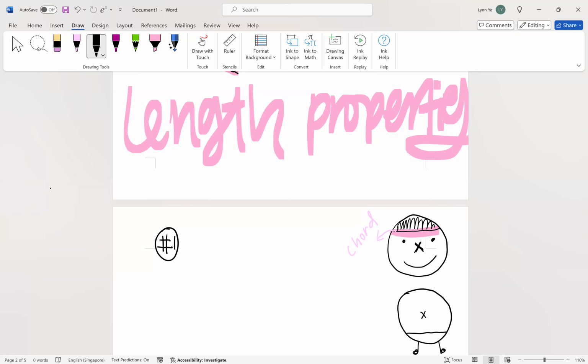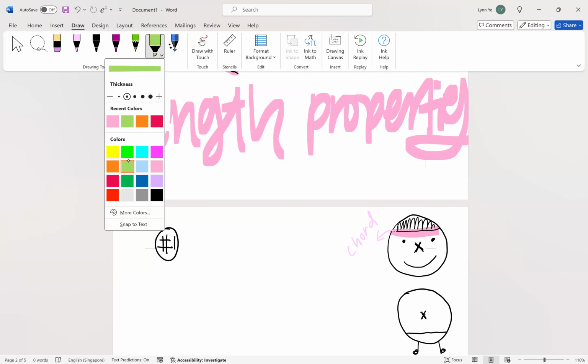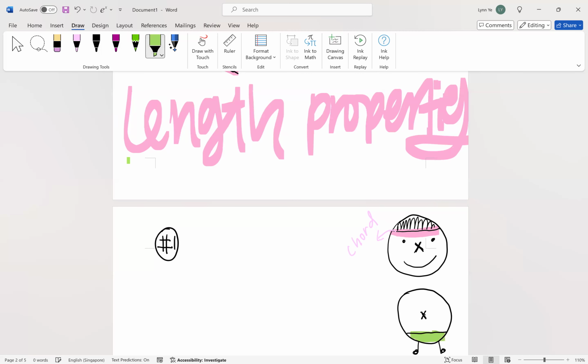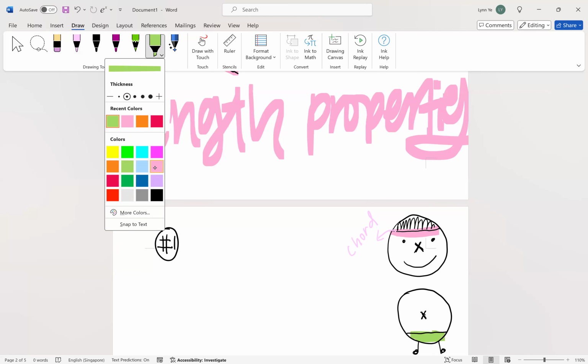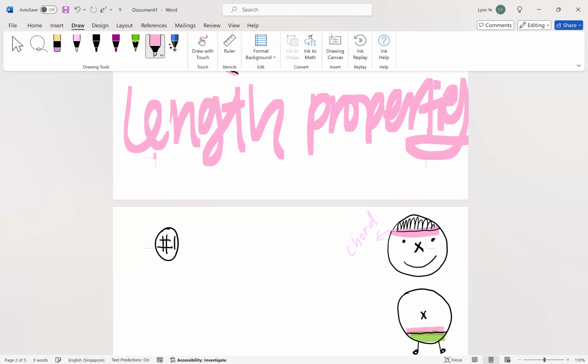This is the belly button, and then he wears low waist pants, like Winnie the Pooh. That's the leg. So where's the chord? The chord is here. This line right here is the chord. You can draw that out to identify what is the chord.